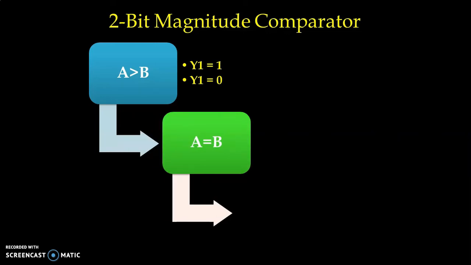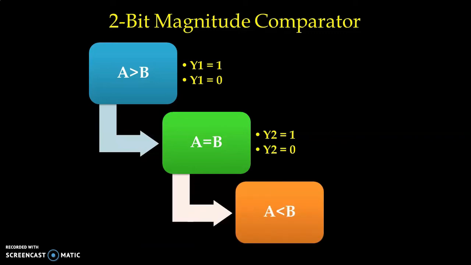Second condition, that is A is equal to B. In this condition, output Y2 will be 1. In all other conditions, Y2 will be 0. And the third and last condition, that is A is less than B, and output Y3 is 1. In all other conditions, output Y3 will be 0.